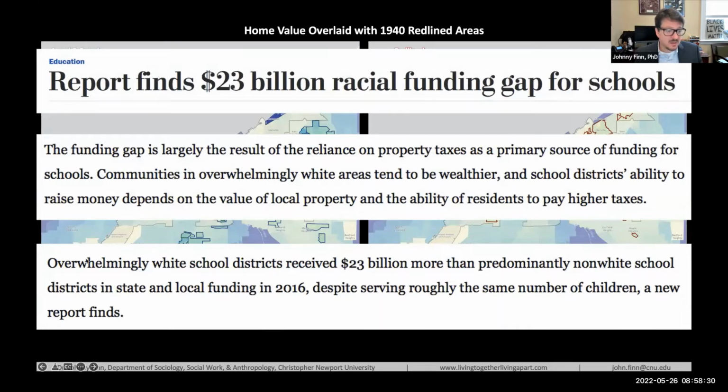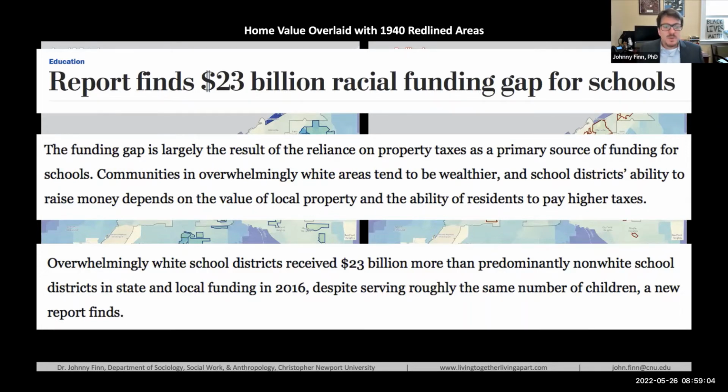And the second paragraph here is important. Overwhelmingly white school districts receive $23 billion more per year than predominantly non-white school districts in state and local funding, despite serving roughly the same number of children. So what we see here is that our history of discriminatory housing policies has a present-day impact on home values and on wealth, and a lasting impact through this differential in school funding for kids from neighborhoods that were redlined 80 years ago.